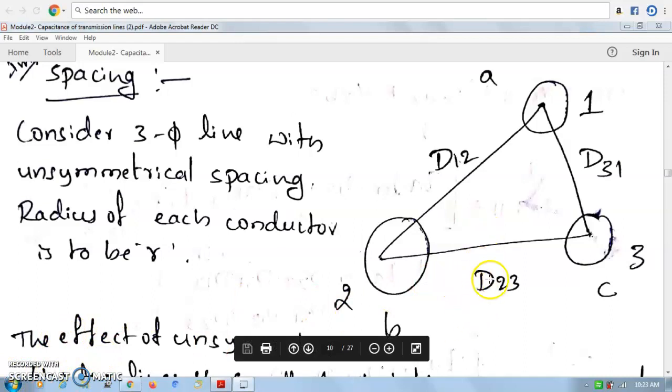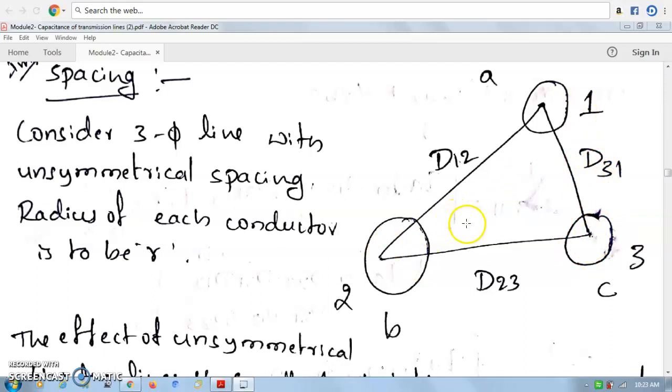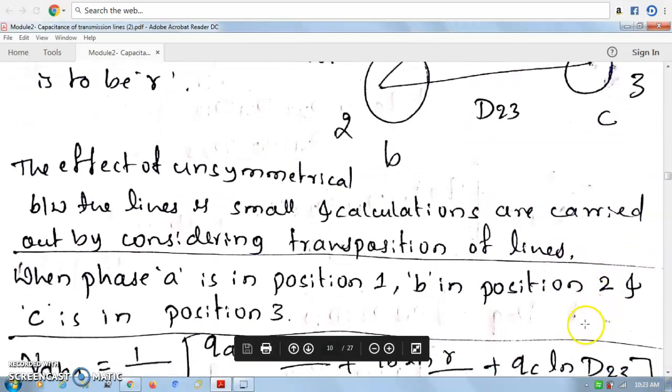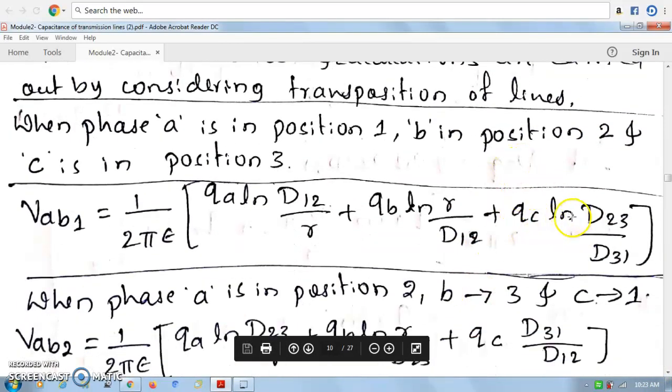Therefore, this D23 divided by D31, I have to take for the QC with respect to VAB. See here in the equation, when conductor A is at the first position, ln of D23 divided by D31, because B conductor is second and A conductor is the first one. So for the C conductor, take BC divided by AC.